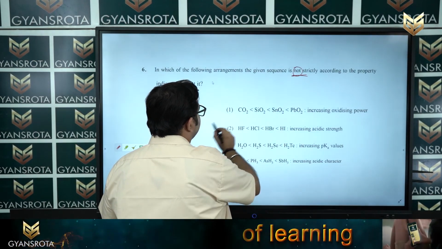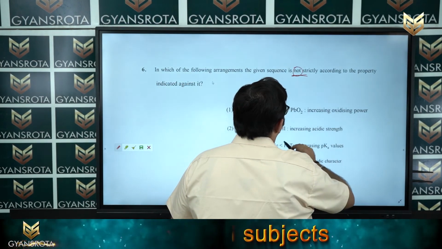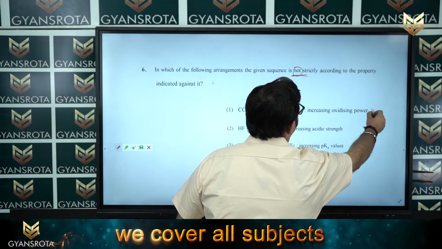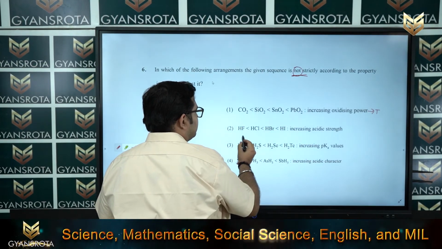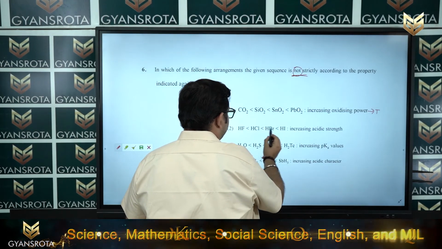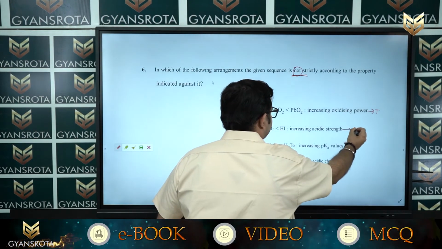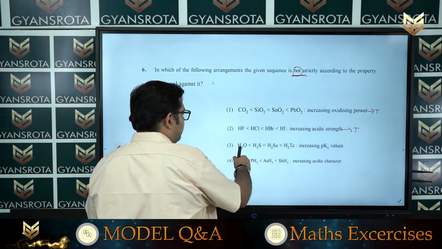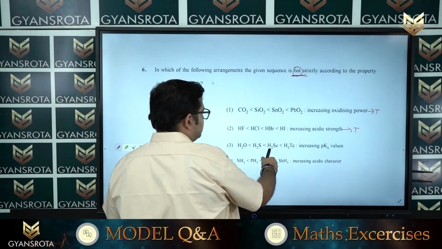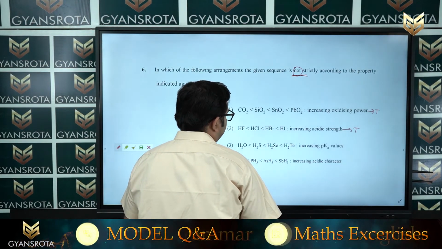If you see the first option, they are giving increasing oxidizing power, yes, that is a true statement. Here also they are giving increasing acidic strength for halogen compounds, and this is also a true statement. Now for the third, water, H2S, H2Se and H2Te, increasing pKa values.